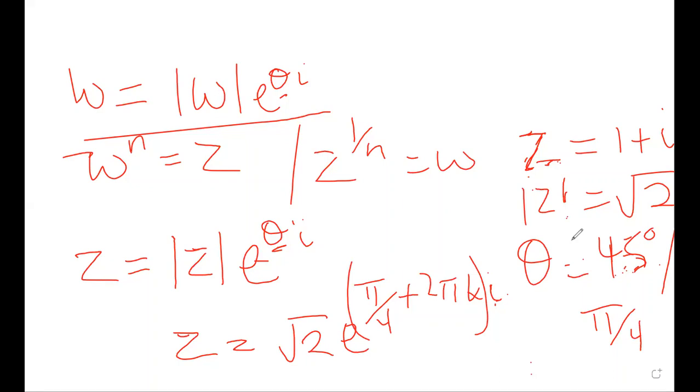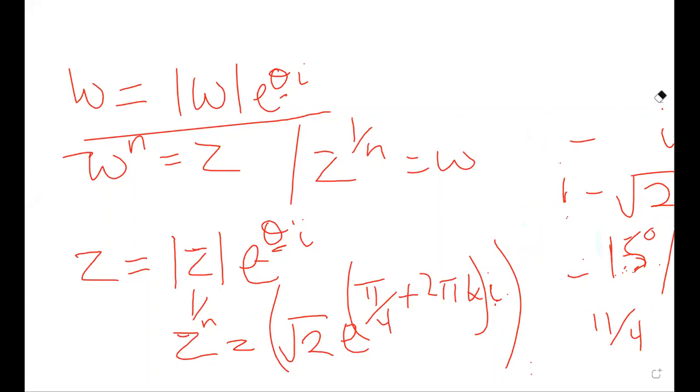Right now, we will need to find z to the power 1 over n. Basically, z to the power 1 over n will just be this raised to the power 1 over n.